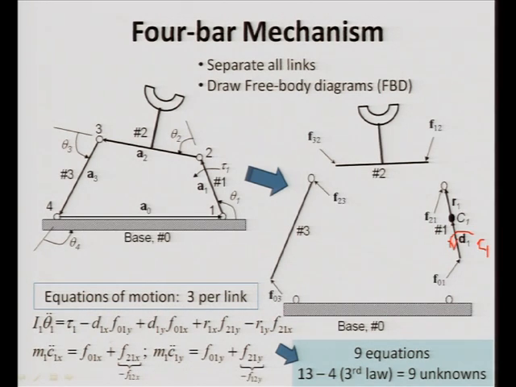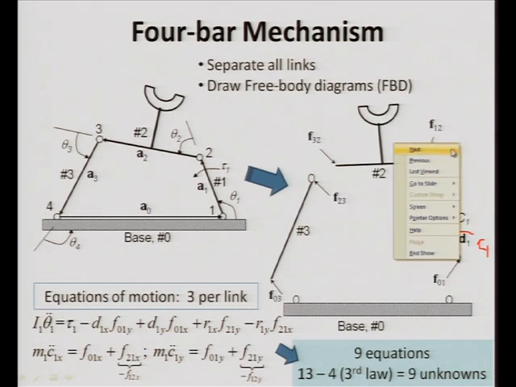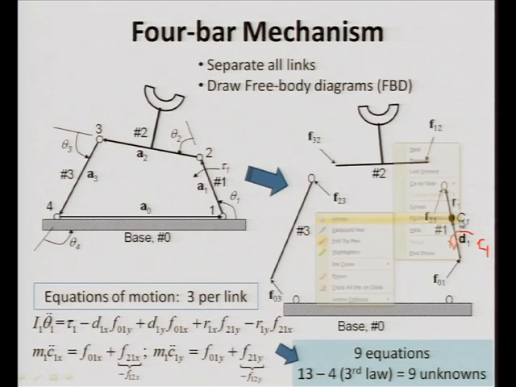So, tau 1 minus this minus, now these reactions are creating moments on this link about the mass center. All these equations are written about the mass center. So, tau 1, d 1 x, f 0 1 y, the component coming from here. Now, this can be better understood from the cross product formula. We know that this distance from here to here I have shown is d 1, but from the mass center to this edge it will be minus d 1 cross f 0 1.